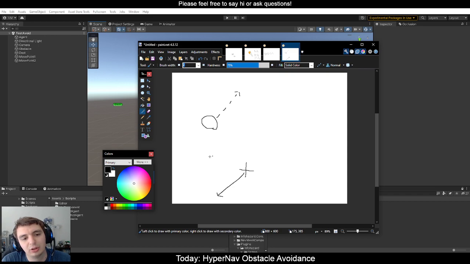So then, okay, I'm rotating. Then I have my desired velocity, which is like this. So I'm rotating this vector such that it doesn't intersect with this.